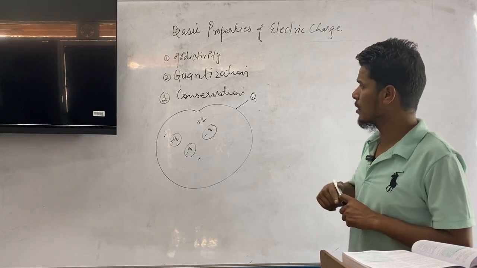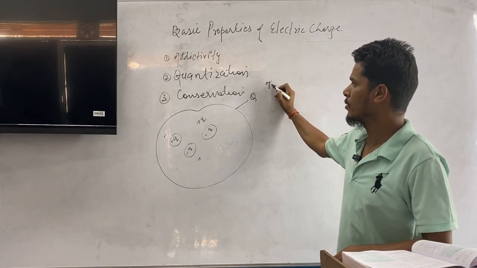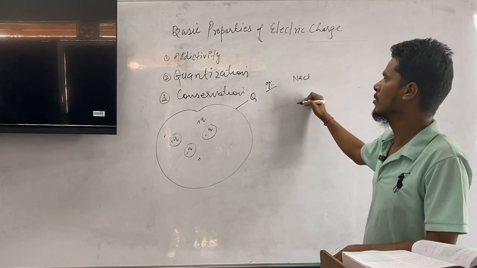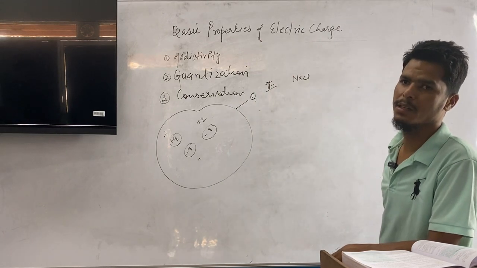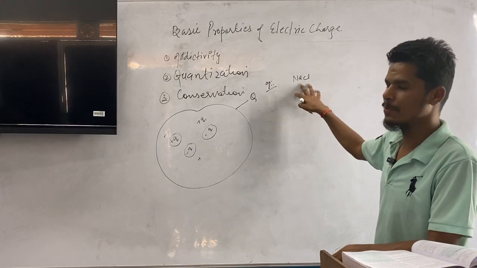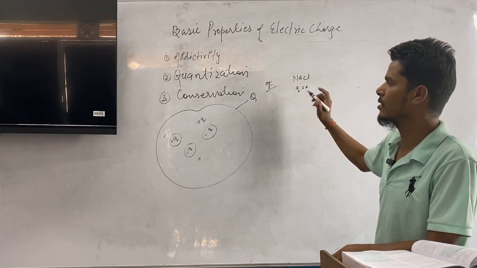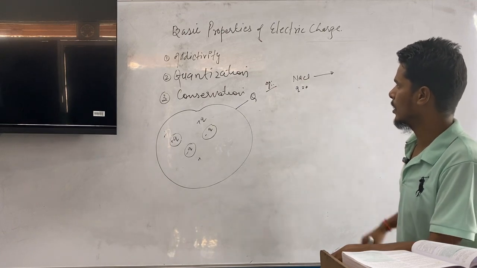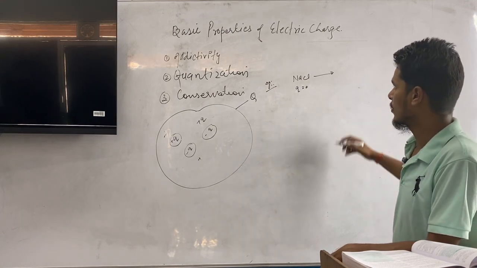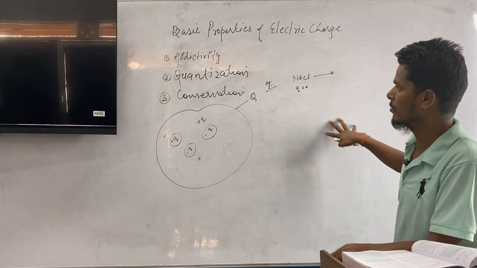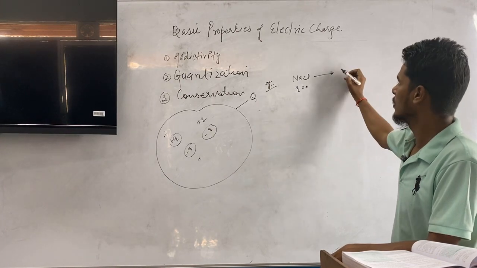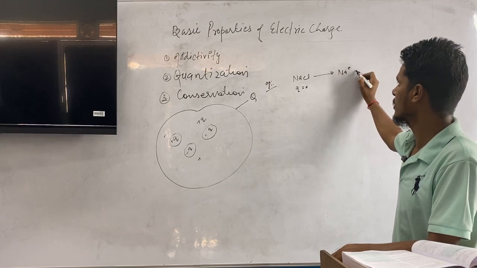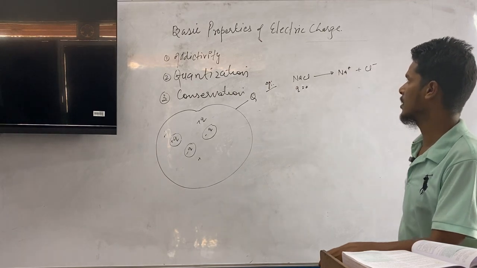If I give you some more examples of this property, this is NaCl, sodium chloride. It is neutral, that means it has zero charge. Total charge is zero. When I drop it into an aqueous solution, it will be converted into its constituent particles, that is Na plus and Cl negative.